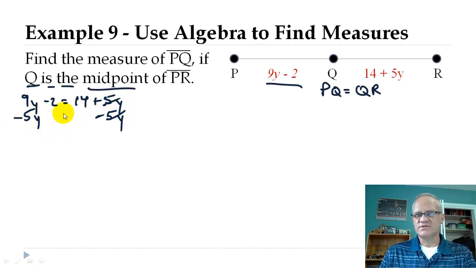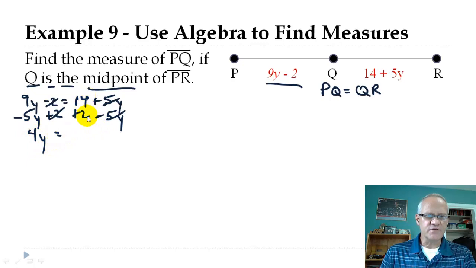Now, kind of at the same step, you could do these in separate steps, but since I got the y's together here, I'm going to get rid of this minus 2, and I do the opposite, plus 2 to get rid of it, to cancel, and I do plus 2 here. So once I move that around, what's 9 minus 5? 4y. And then I have left here 14 plus 2, which is 16. And then I just divide by 4. So y is 4.